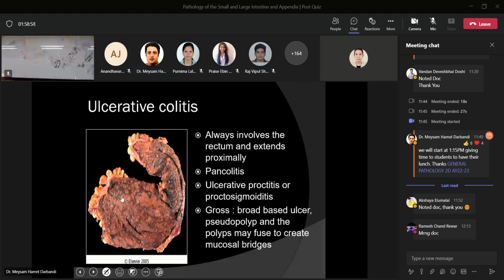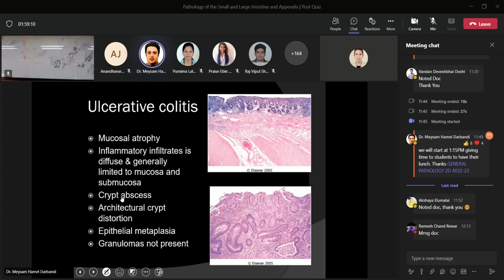Ulcerative proctitis or proctosigmoiditis. Gross appearance is a broad-based ulcer, pseudopolyps, and polyps may fuse to create a mucosal breach. There will be mucosal atrophy. Inflammatory infiltrate is diffuse and generally limited to the mucosa and submucosa.